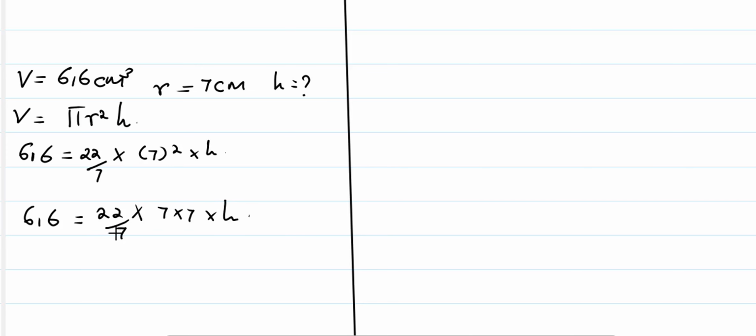From there, I can divide this 7 with this 7, like that, and then I remain with 22 multiplied by 7 multiplied by the height. So it will be 616 is equal to 22 multiplied by 7 multiplied by h, like that.